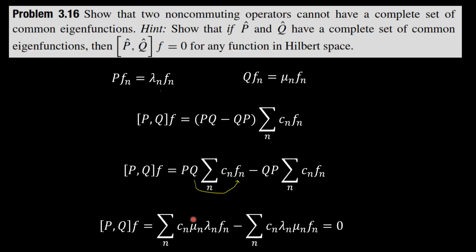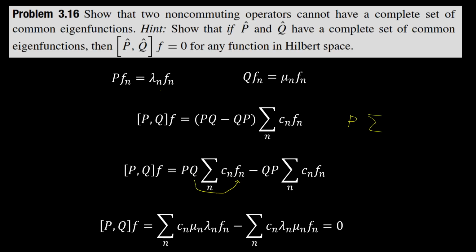I will expand this: when q acts on f n, you will get p acting after that, because you cannot change the operator order just like that.